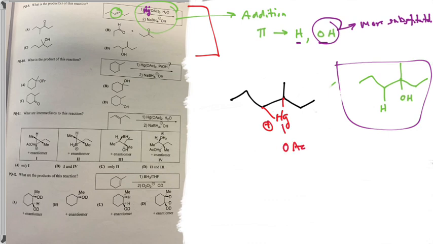Forming our mercuronium ion, the OH from water, not actually hydroxide, comes in and does a backside attack, ejecting the mercury. Because the mercury is such a great leaving group, it doesn't want to be positive, it attacks that most substituted position, because that's the most stable kind of carbocation it forms. That's what gives me the placement of the OH.